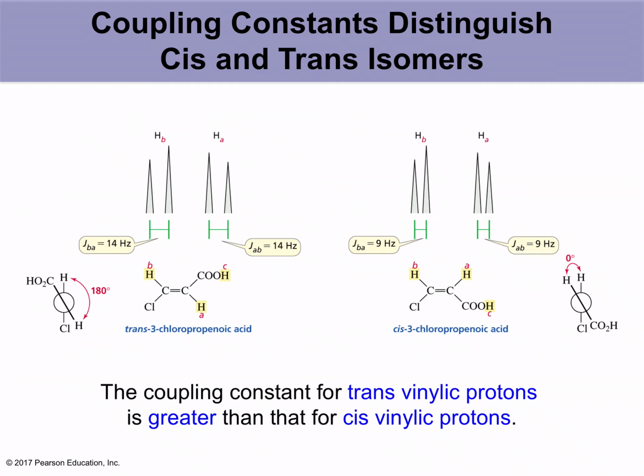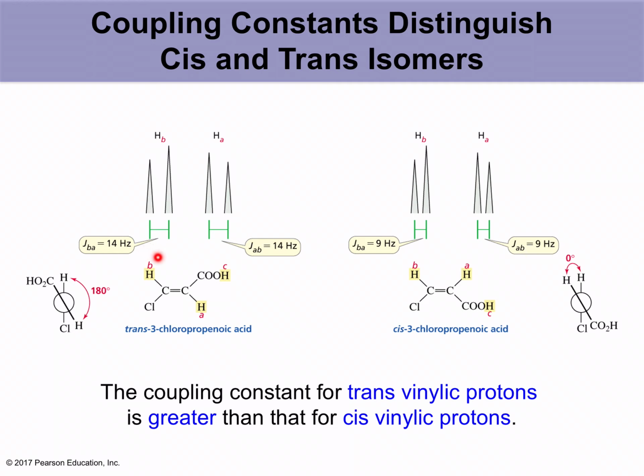Coupling constants distinguish cis and trans isomers. Now this is a trans isomer. Between A and B, the coupling constant is about 14, and that is due to the dihedral angle being about 180. When you have a higher dihedral angle, you can see it has a higher coupling constant.